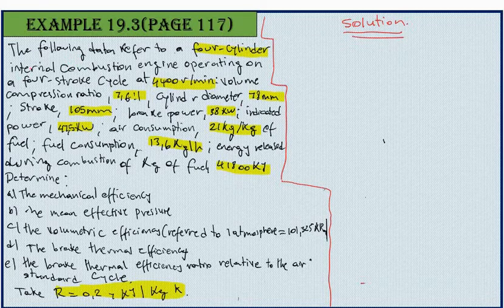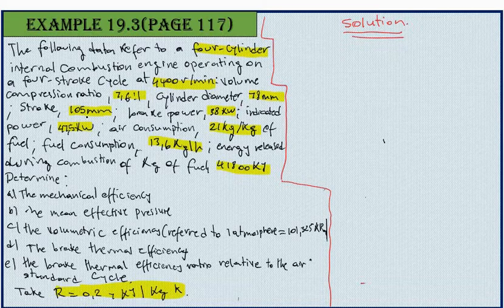The following data refer to a 4-cylinder internal combustion engine operating on a 4-stroke cycle at 4,400 revolutions per minute. Volume compression ratio 7.6 to 1. Cylinder diameter 78 millimeter.